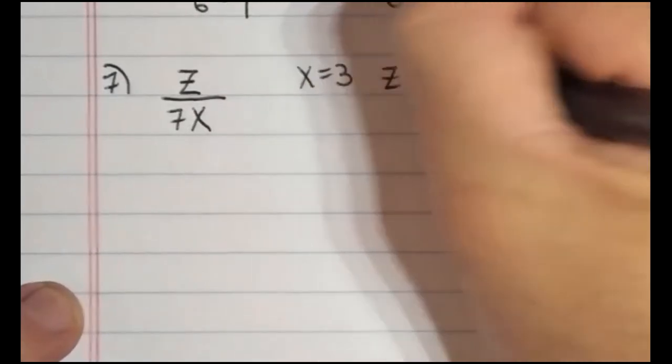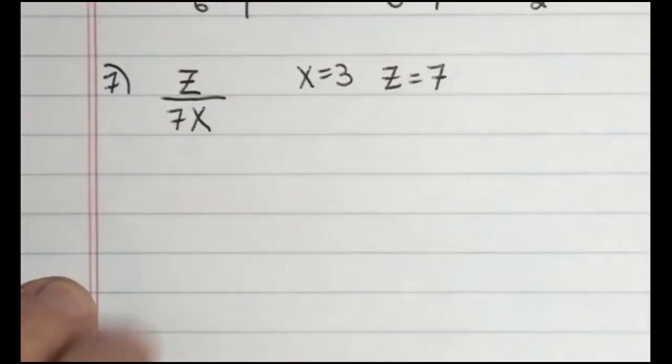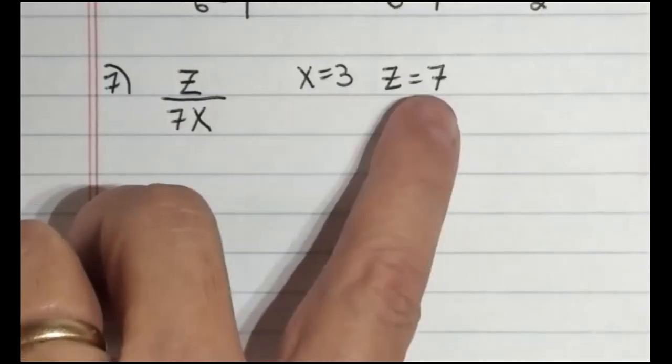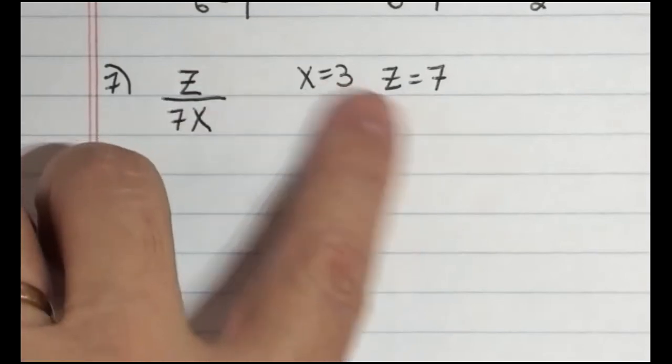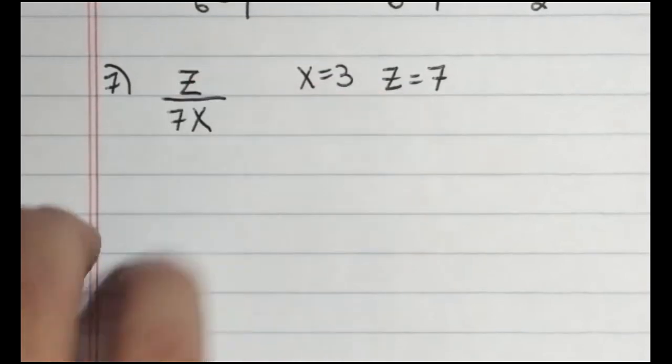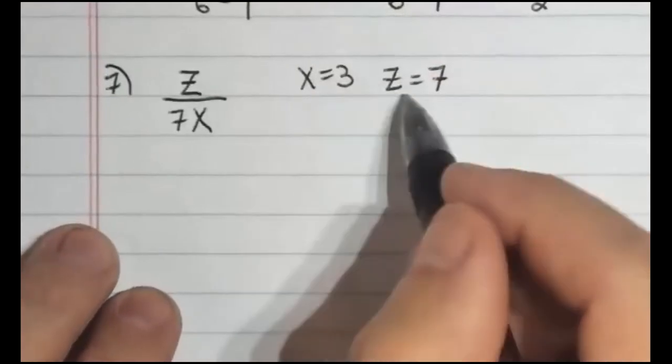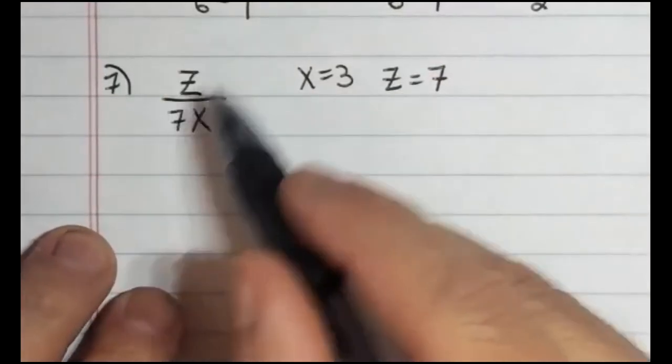And then what it's telling you is that x equals 3 and z equals 7. So in this case, they're giving you the values of these variables. So these are variables, these are letters, okay? But they're giving you the value of these letters. So what you have to do is substitute these values in wherever you see those letters.